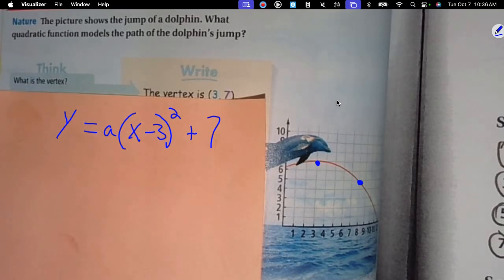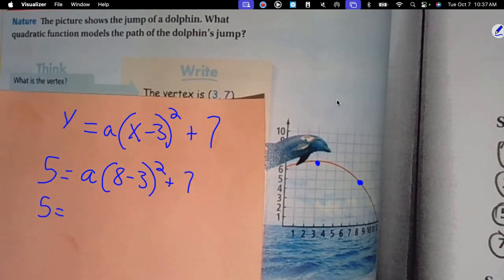So this one's a little bit harder. So we would have y is 5, x is 8. Okay, then what do I do? What's 8 minus 3? 5. What's 5 squared? 25. So I have 25a plus 7.